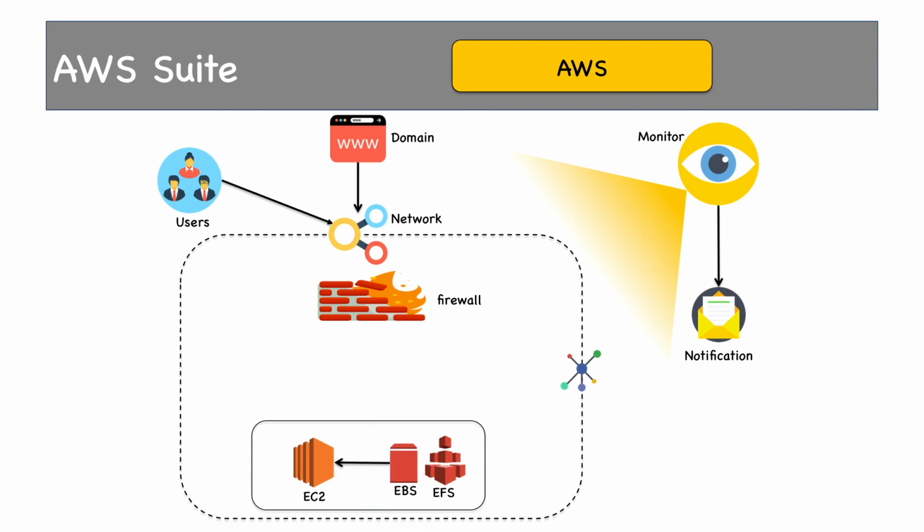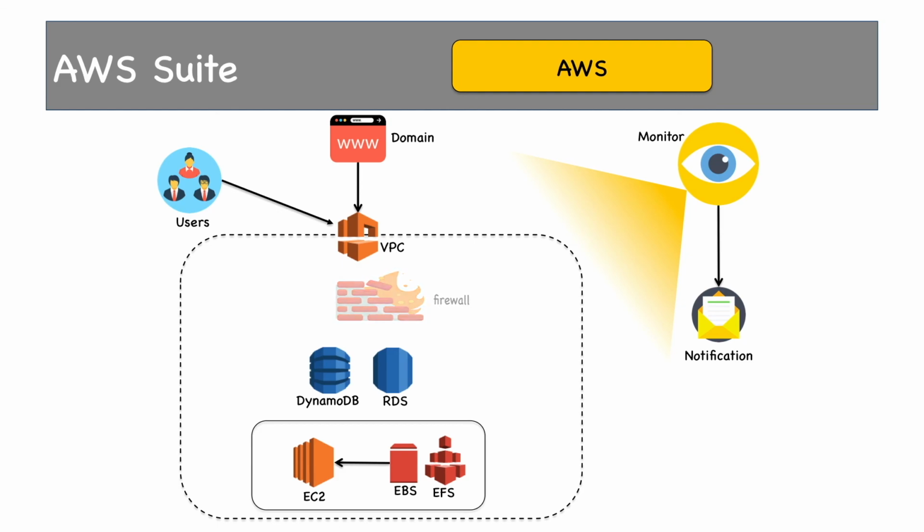So instead of a database, you can use DynamoDB or RDS. Instead of a network, you use VPC, which is AWS's network offering. You can create firewalls using security groups and network ACLs. If you are using users, instead of user access management, you use AWS's IAM service to create and manage users and groups.